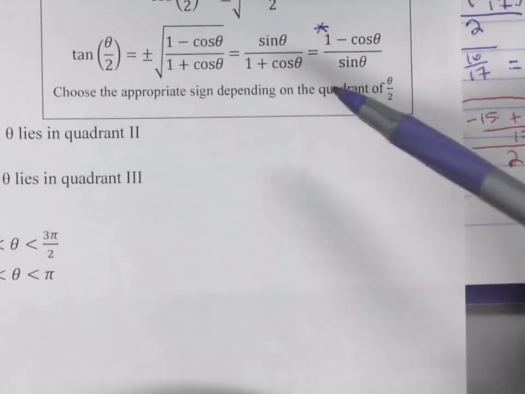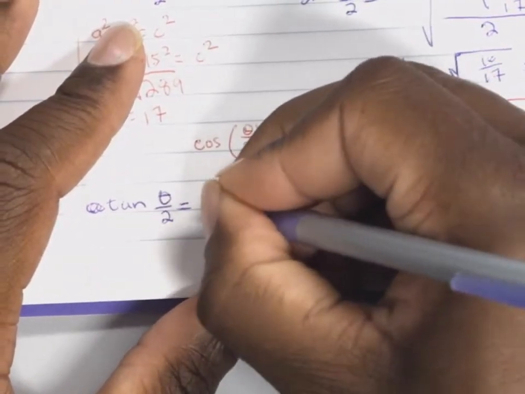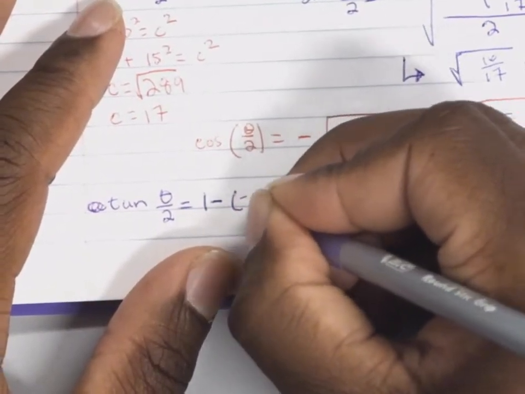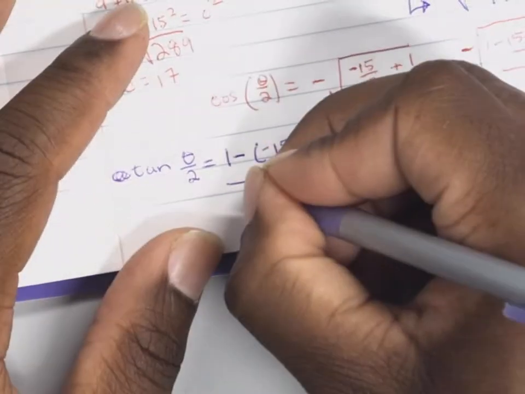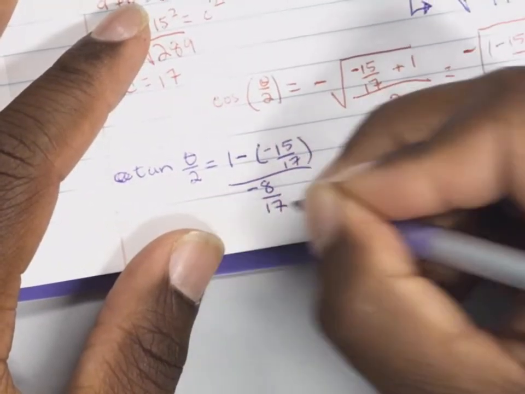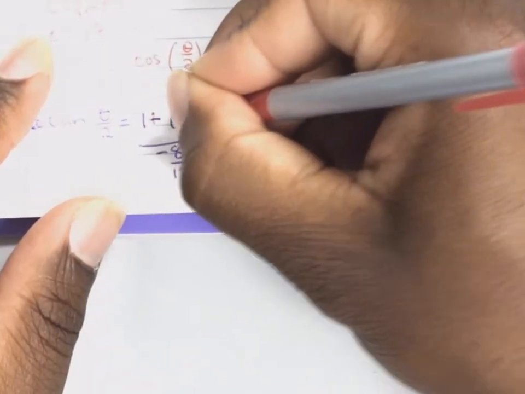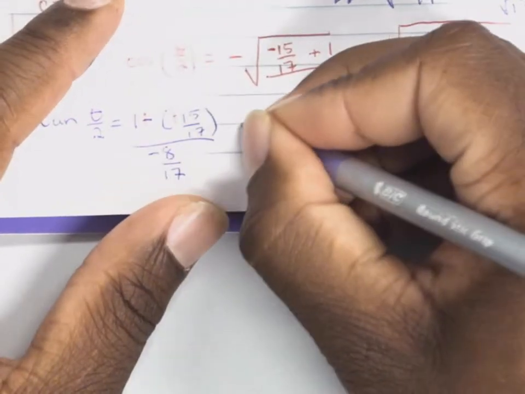So I got 1 minus cosine's ratio, negative 15 over 17, divided by sine's ratio, which is negative 8 over 17. All right, subtracting a negative, so this will become positive. And I'll convert 1 to have the same denominator as this fraction.